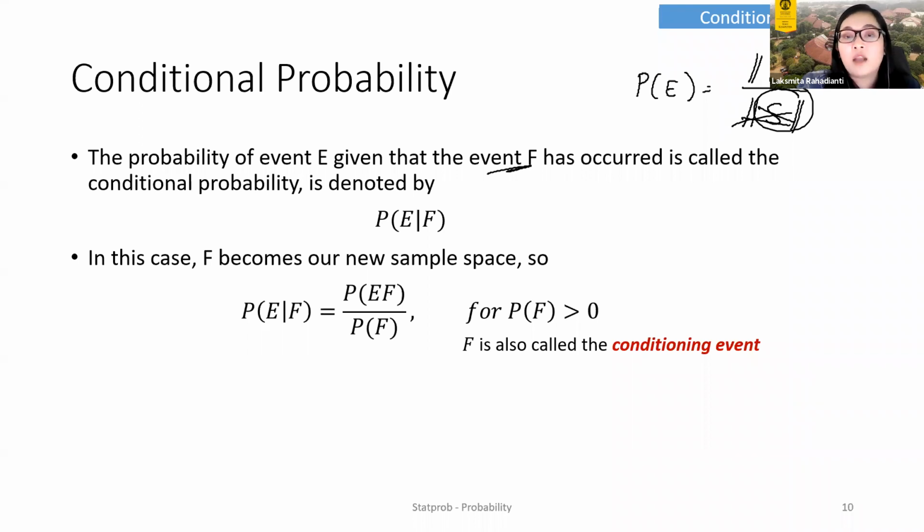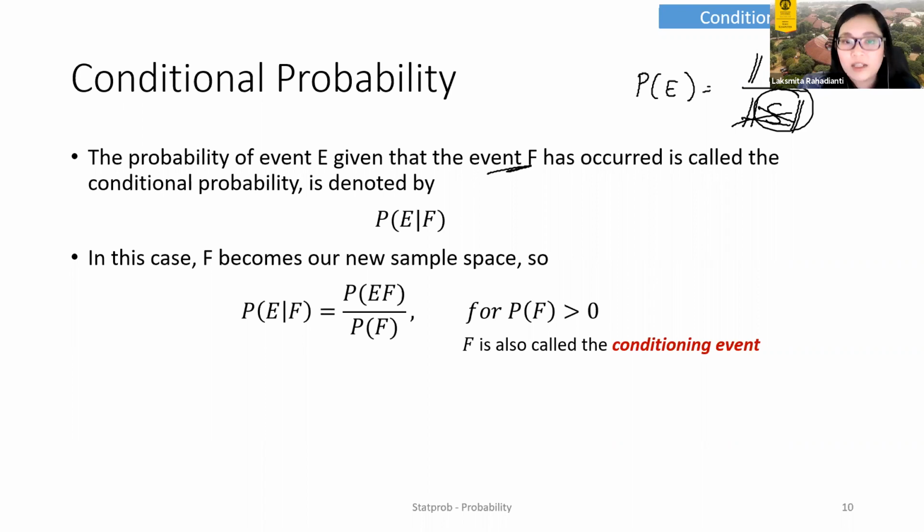It is the number of outcomes, or you can also write it as a probability itself, because the ratio is the same. So we have the probability of E happening given F equals the probability of E and F divided by the probability of F.